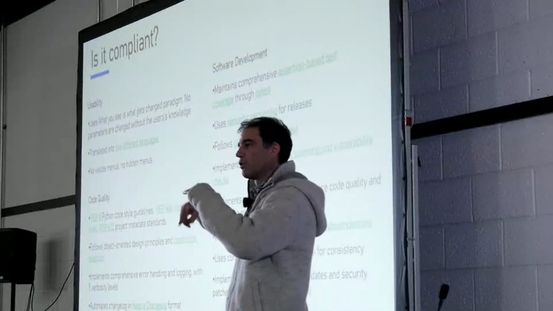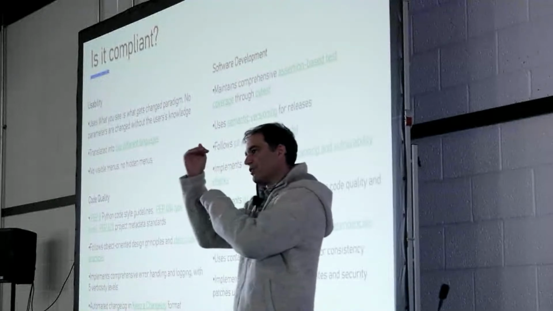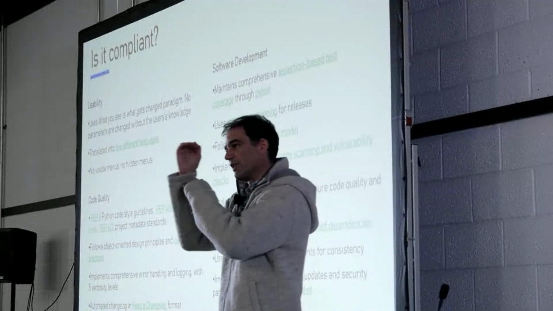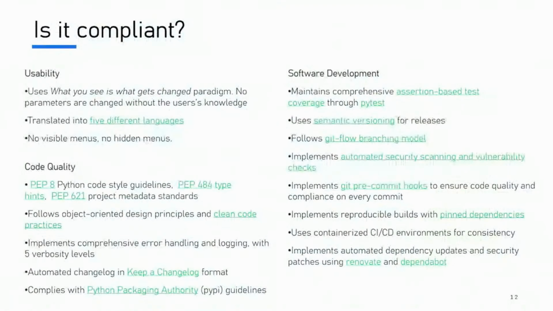The tool will not go behind your back and change some other parameter. It only changes the parameters that are relevant for that step. That's one thing. It has been translated into 5 different languages: German, Italian, Chinese, Japanese, and Portuguese. It has no menus, visible or hidden, no menus whatsoever.